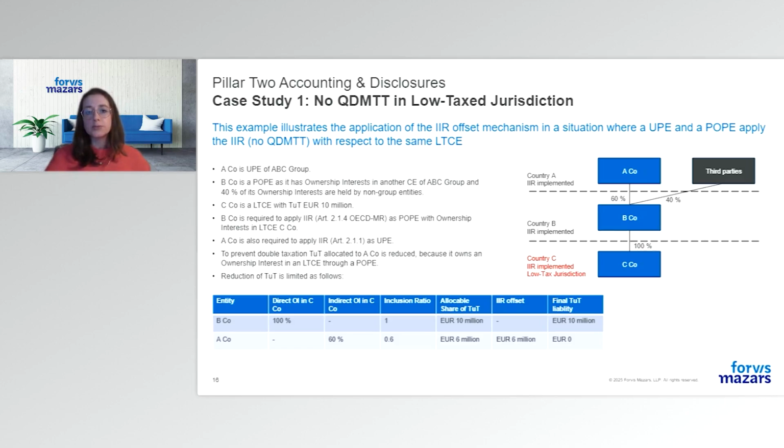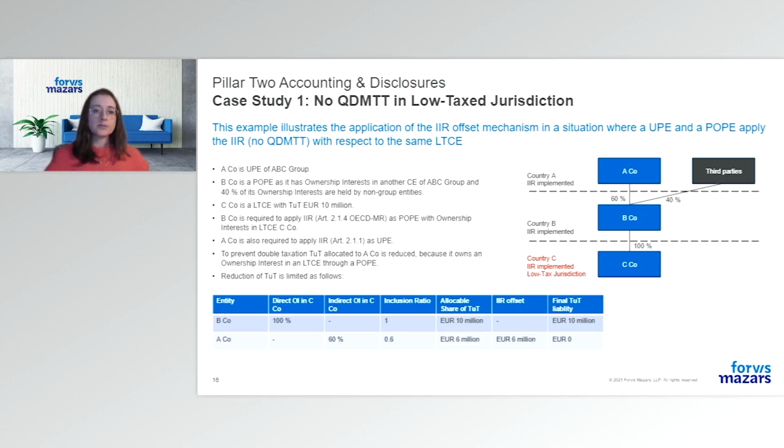But we can do the IIR offset, meaning that ACO can offset 6 million top-up tax because BCO is already paying top-up tax, leading to a final top-up tax liability of 10 million at BCO level. So BCO will be the one to book the tax provision in its financial statements in country B.